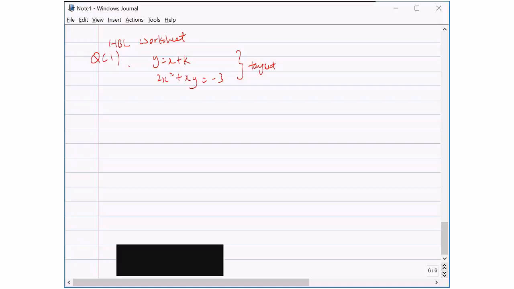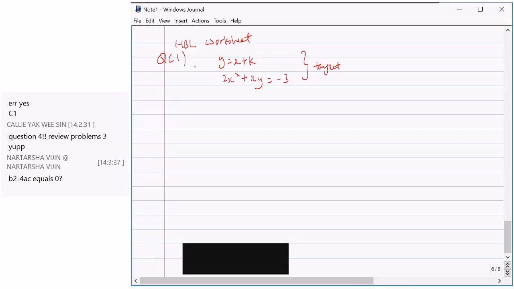Okay, so Natasha, what do you know about a straight line being a tangent to a curve? Yep, when you combine the two equations together, your resulting quadratic must have a discriminant that is equal to 0. That's correct. So let's combine the two equations first.